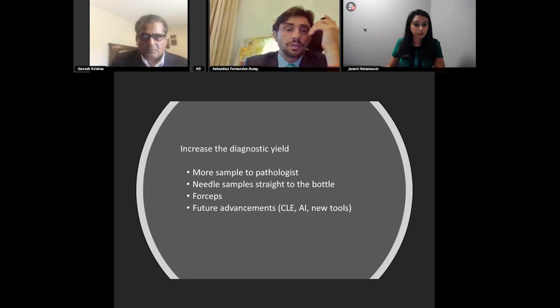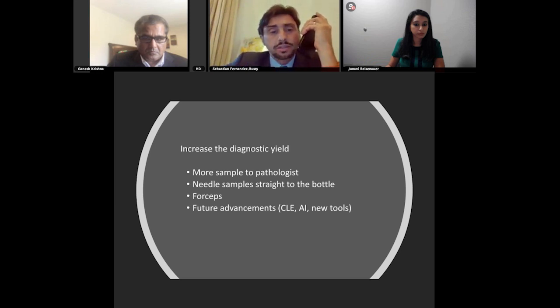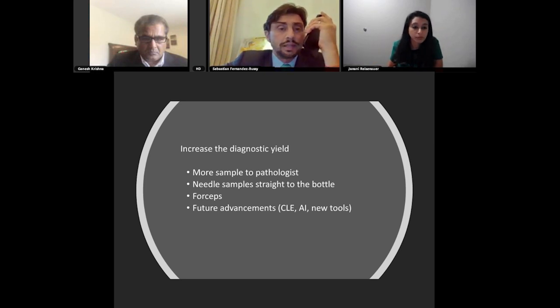Instead of giving every sample to the cytopathology or cytotechnician that is there in the room doing rows, we can give to that person some of the samples and then put the rest in formalin. So that can help. We can use more forceps, again, for the concept of giving more samples. And we can also use other technologies like confocal laser endomicroscopy, artificial intelligence, and even inventing new tools.